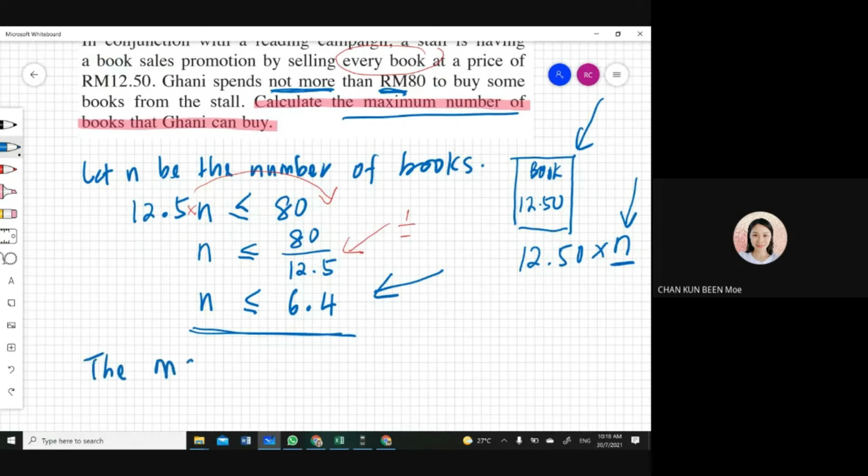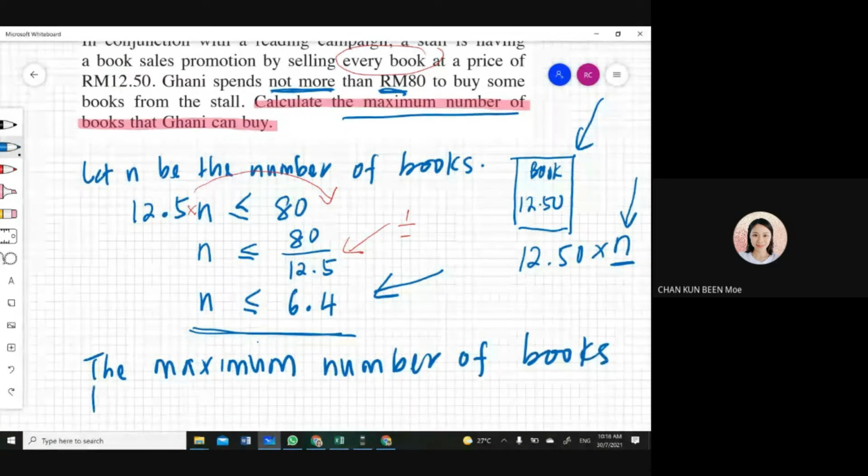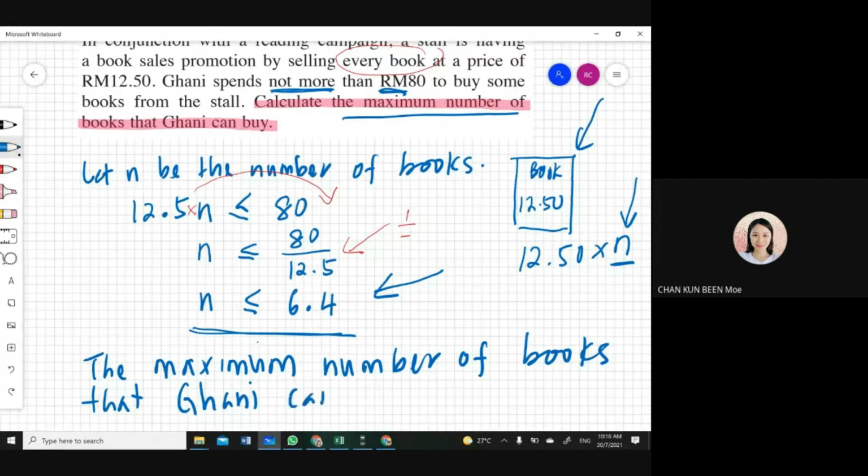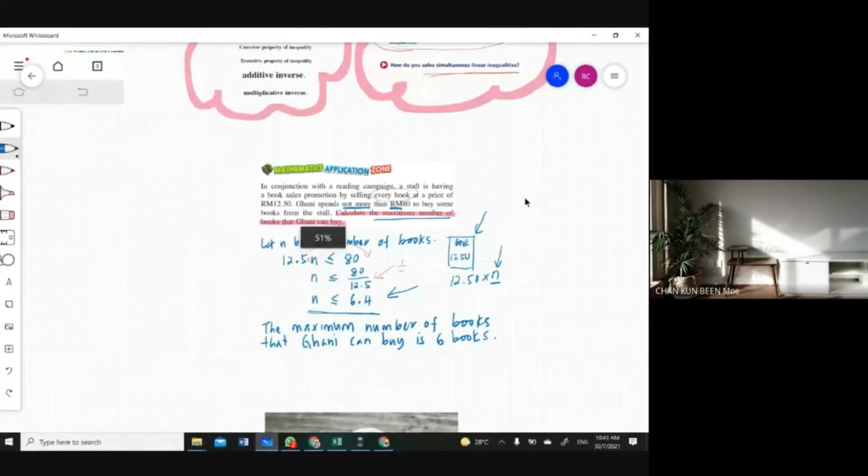The maximum number of books that Gani can buy is 6 books. That's all. Okay, we continue here.